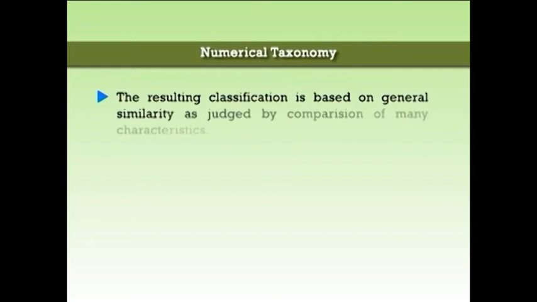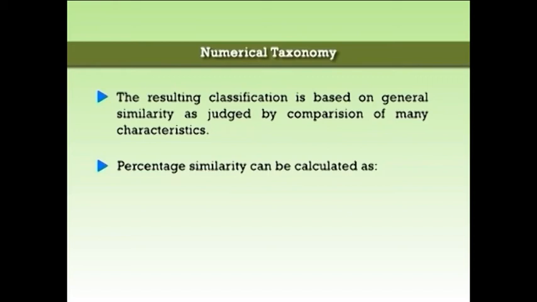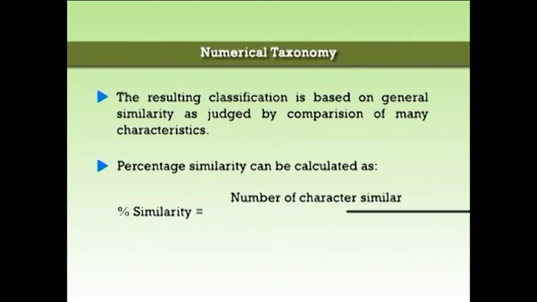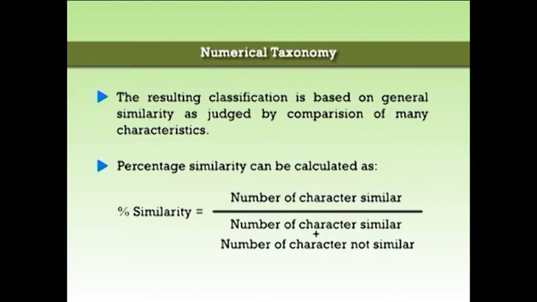The resulting classification is based on the general similarity as judged by the comparison of many characteristics. Under this, we can also calculate the percentage of similarity. Percentage similarity is equal to the number of characters that are similar divided by the number of characters that are similar plus the number of characters that are different.